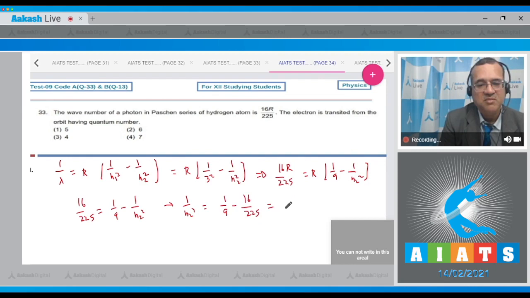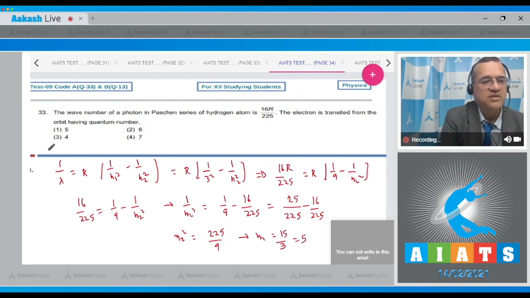So this becomes 25/225 − 16/225. Therefore, n2² = 225/9, and n2 = 15/3, which is equal to 5. So n is equal to 5, and the option is the first answer.